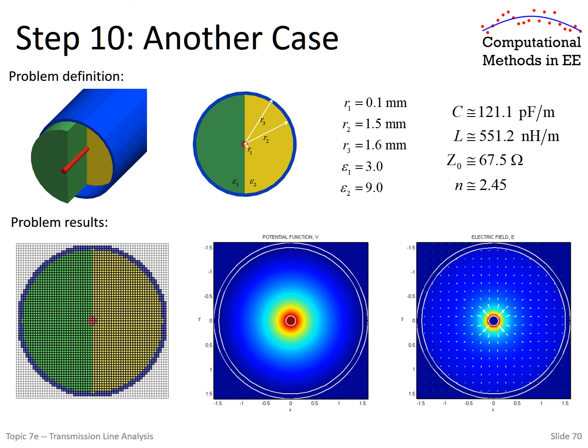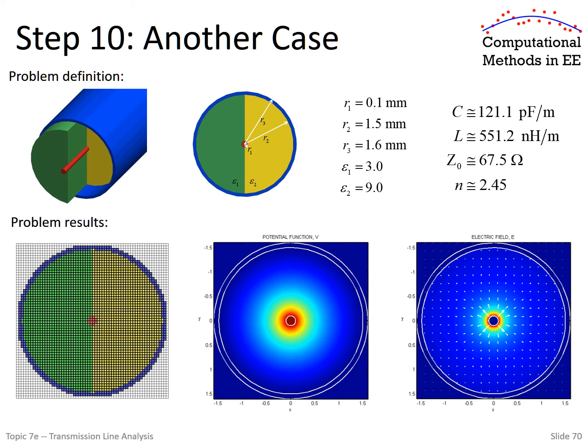Here's another case where I did actually make the two permittivities on either side different, and we can see how that affects things. It changed the distributed capacitance, distributed inductance a little bit, but notice we're still in that ballpark, the hundreds of nanohenries per meter, the hundreds of picofarads per meter. Our characteristic impedance went down a little bit. And why did that go down?